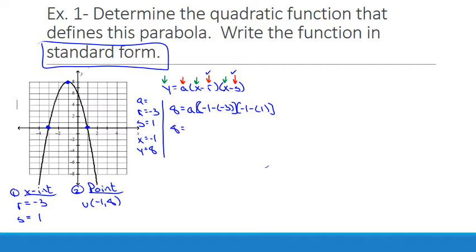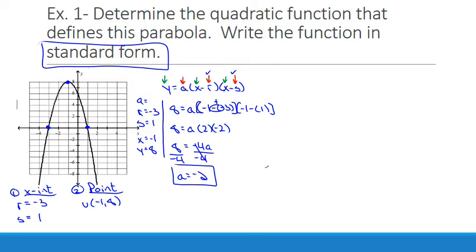So 8 equals a, this is plus, so -1 plus 3 is 2. -1 minus 1 is -2. So I have 8 equals -4a. Divide by -4, divide by -4. a equals -2.